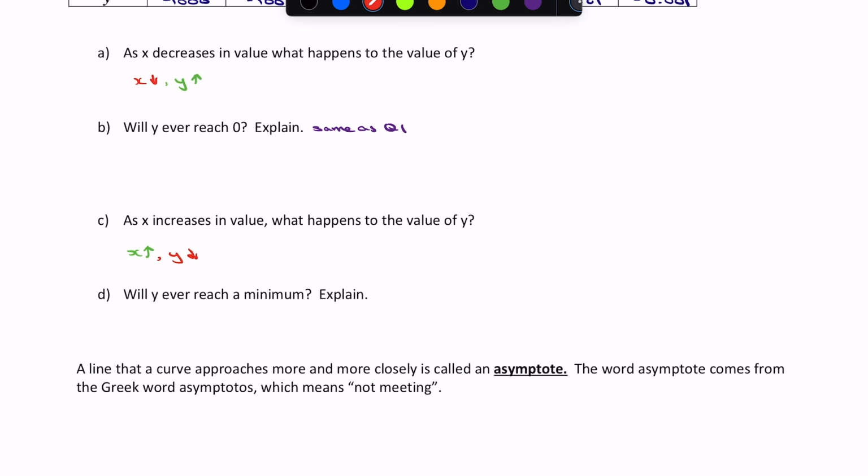And then will y ever reach a minimum? In this situation, same thing, because as it approaches 0, it gets smaller and smaller, but since x cannot be equal to 0, y would still be undefined. So again, same as question 1 in terms of the reasoning.